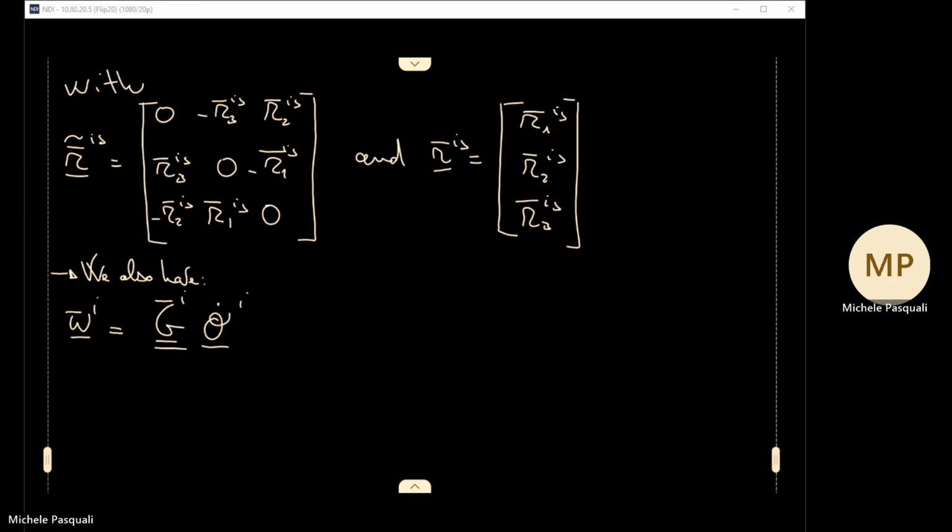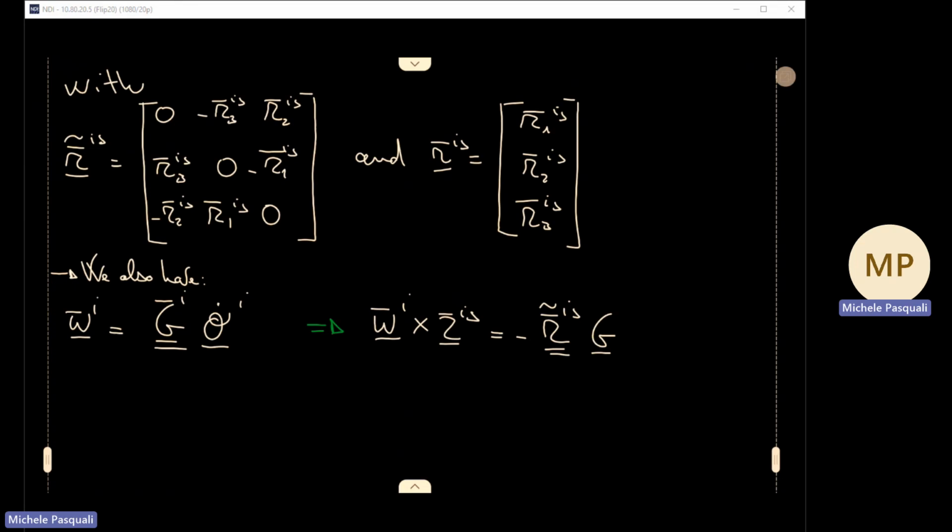Therefore, if we put all of this together, we can write that omega bar i vector r over bar ij is minus r over bar tilde ij matrix with a minus in front times G bar i theta dot i. And then everything turns out to come in the following way.